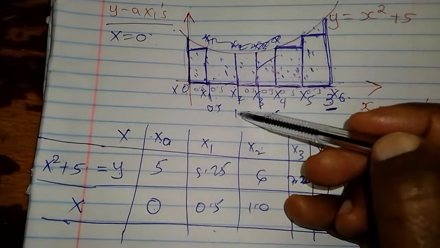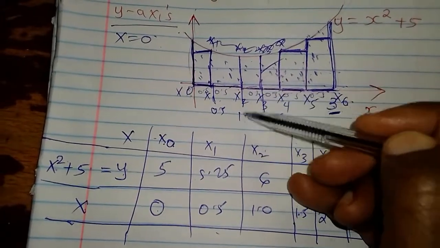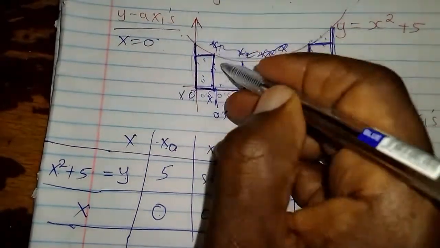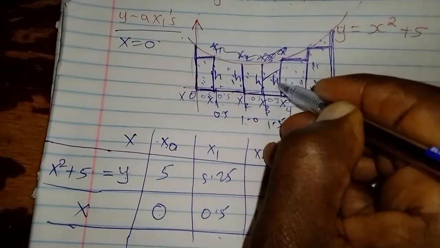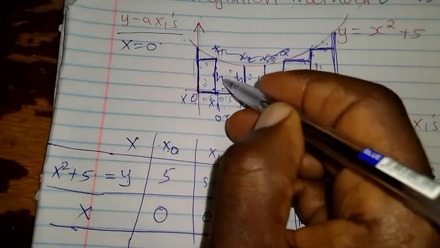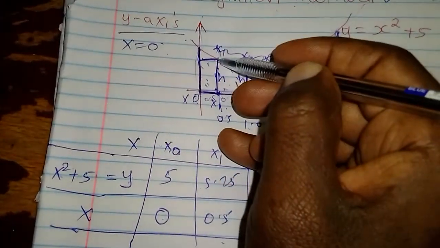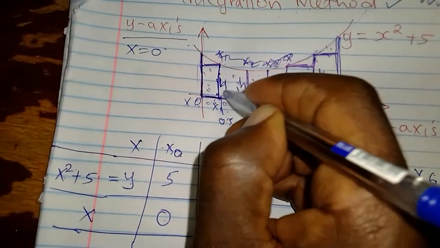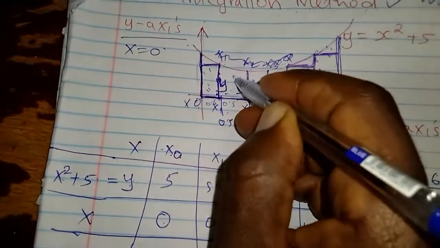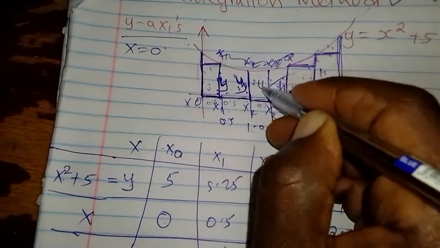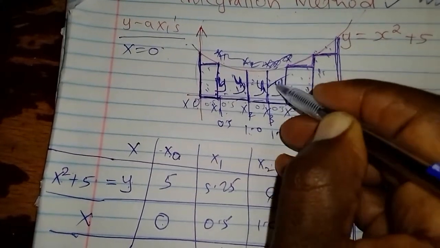So if the x is 1.0, what is the height? This is the height, the height, the height, the height. So in that case, I'm going to get the corresponding values here. That will become now the value of y, y, y, y.